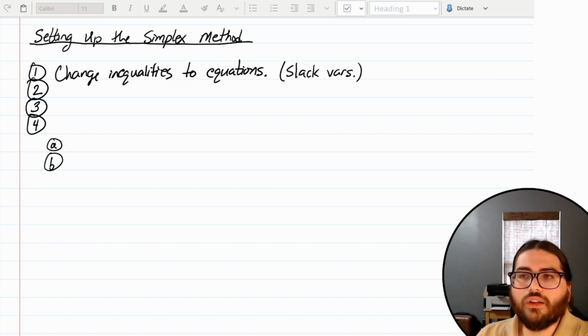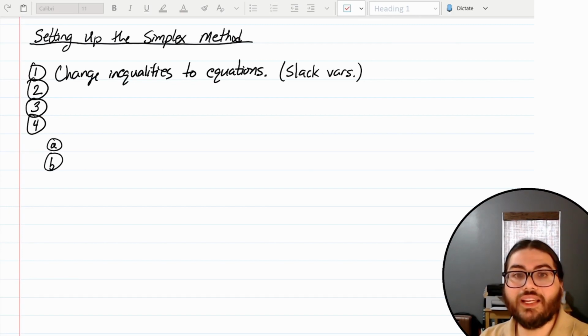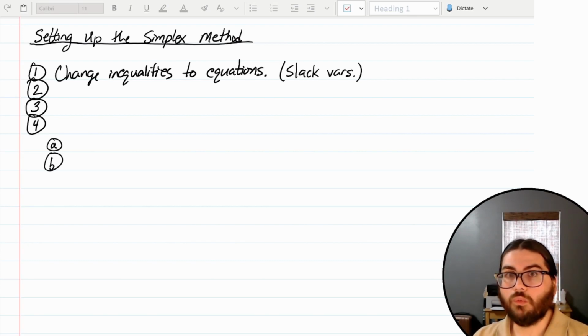So maybe we'll have 1 inequality, maybe we'll have 2, maybe we'll have 3, 4, or 5, I don't know. We'll just introduce more and more variables until we don't need any more. Some of the problems you'll find, we're going to have 5 inequalities and 3 variables. So you'll have 5 slack variables from the inequalities, plus 3 more regular variables, plus 1 more that we'll introduce in step 2.